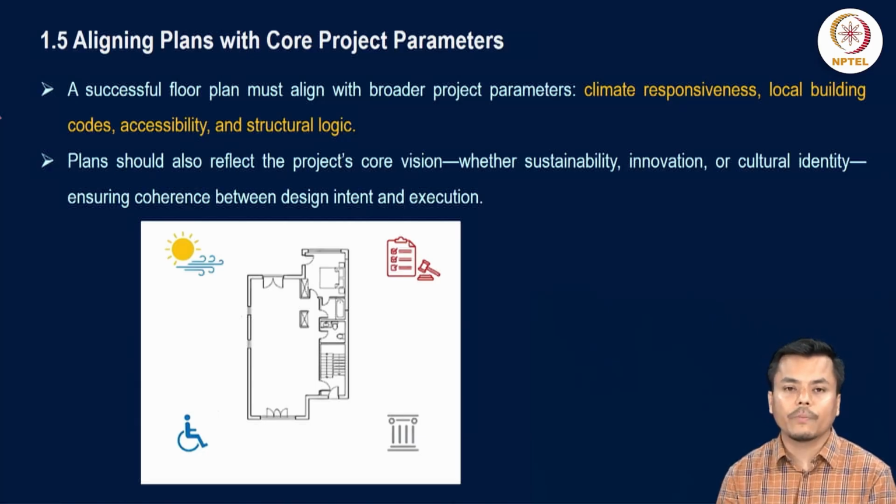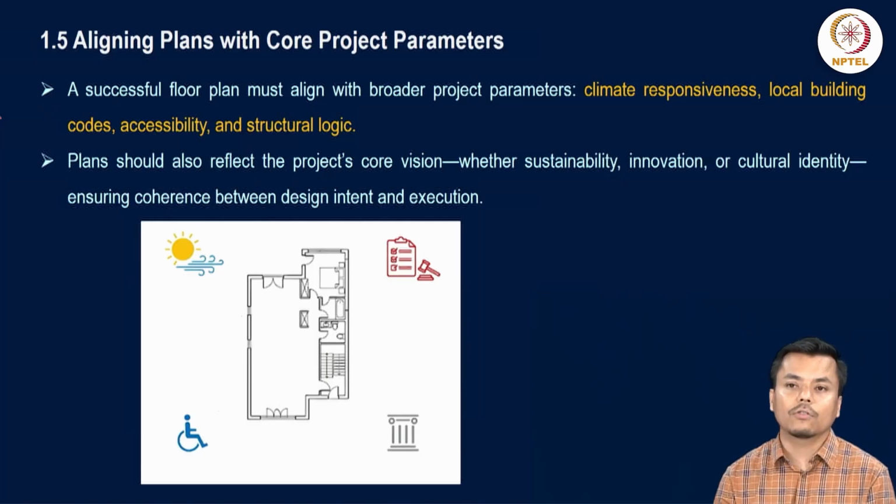It should present details about climate responsiveness, ensure that the local building codes are followed, accessibility parameters are taken care of, and the structural logic that we discussed in the single line floor plan is also followed when you prepare the double line floor plan.